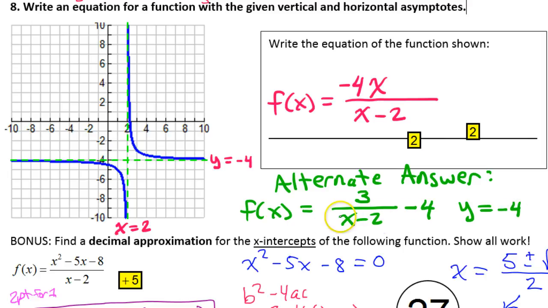Okay, so this is another version of the answer with this number on the end. And this could have been a 3 or a 5 or a 7 or anything you want. So I'm going to go ahead and erase the 3 and put C for constant, just to reflect that you could put any constant you want in there. So there's your alternative answer.